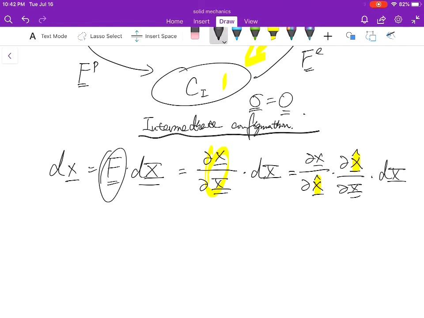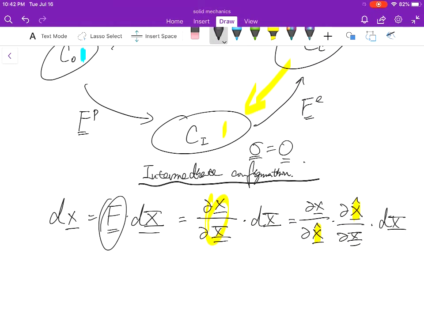Because of this, recall Fp and Fe. This term is from current configuration to intermediate configuration, so it is the deformation gradient tensor between the current and intermediate configurations.